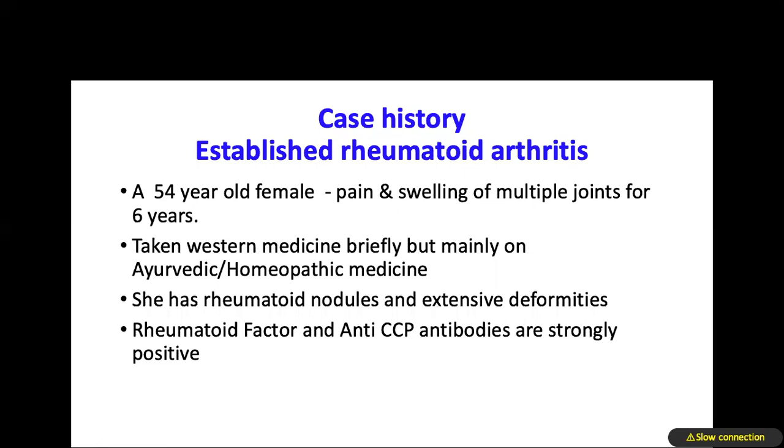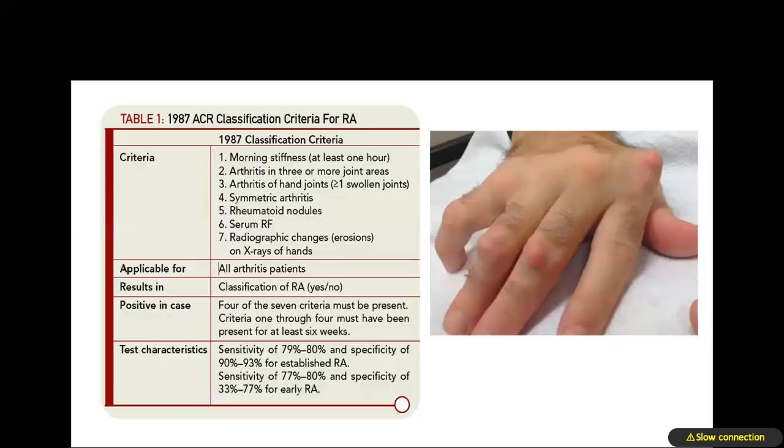Right. So an older woman with long-standing arthritis who has not really taken treatment, and she has lots of deformities and rheumatoid nodules. So she has what is called established arthritis. And is this the kind of criteria that you all are familiar with, or the earlier ACR EULAR criteria?